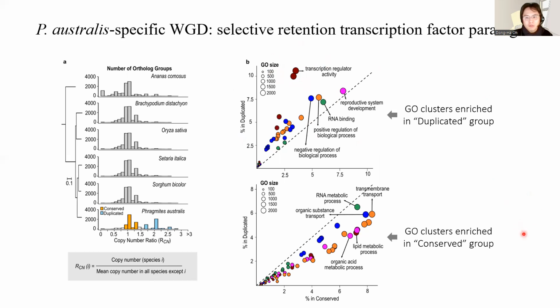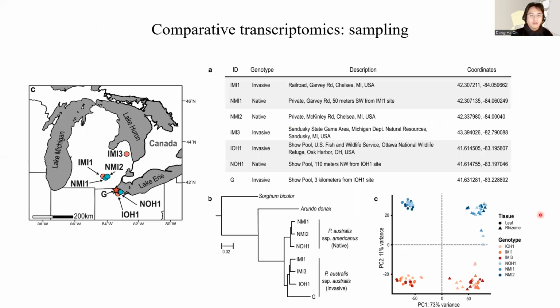So this is perhaps because it is easier for a genome to keep regulators in redundant copies, and probably these regulators provide some resources so that when there are certain environmental challenges, the plant can quickly generate new gene responses to any changes or challenges in the environment. So this perhaps is the reason why regulators are particularly kept in Phragmites after the duplication.